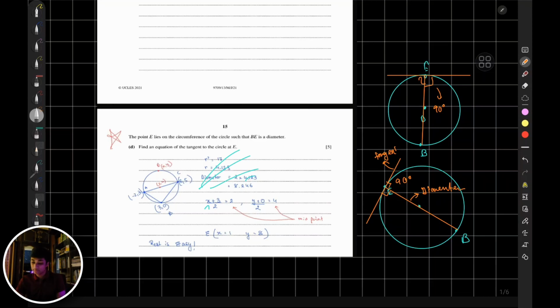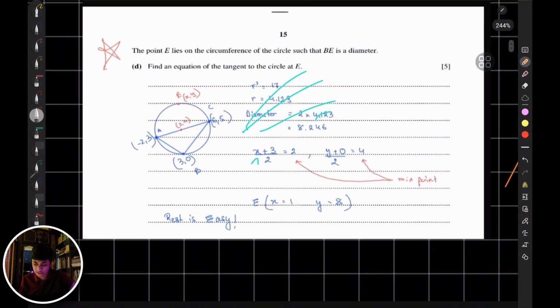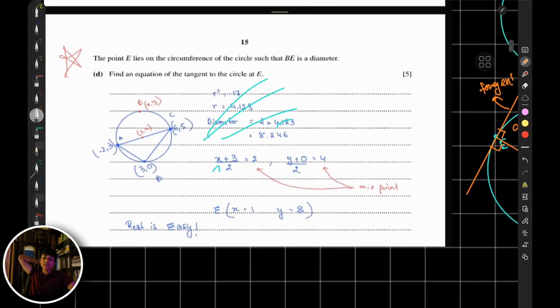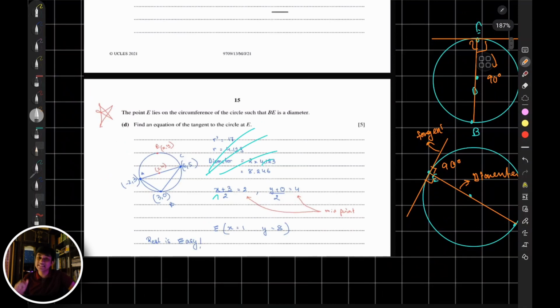If the line and your diameter is always perpendicular to each other, in that case, the product of their gradient is going to be -1. So you can use that theorem again, the product of the gradient, and you can find out the gradient of the tangent.